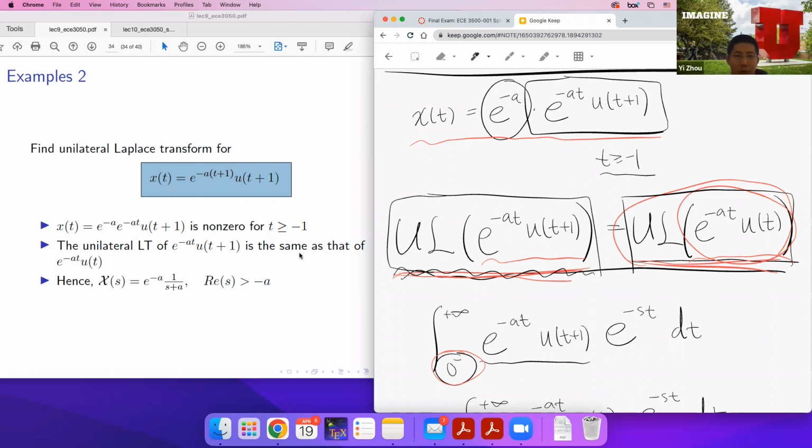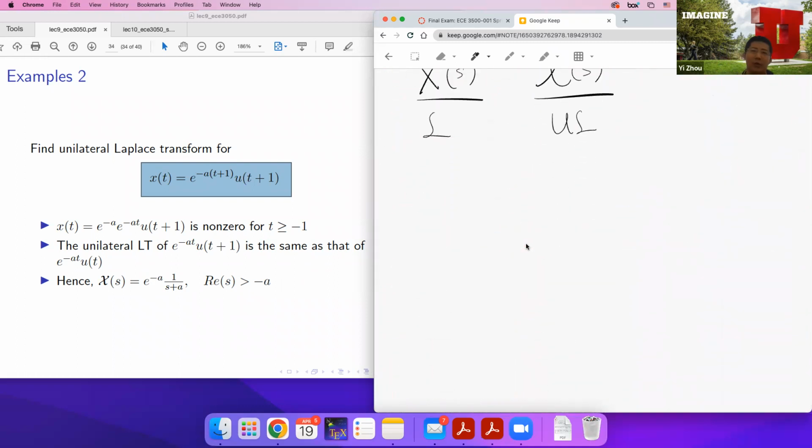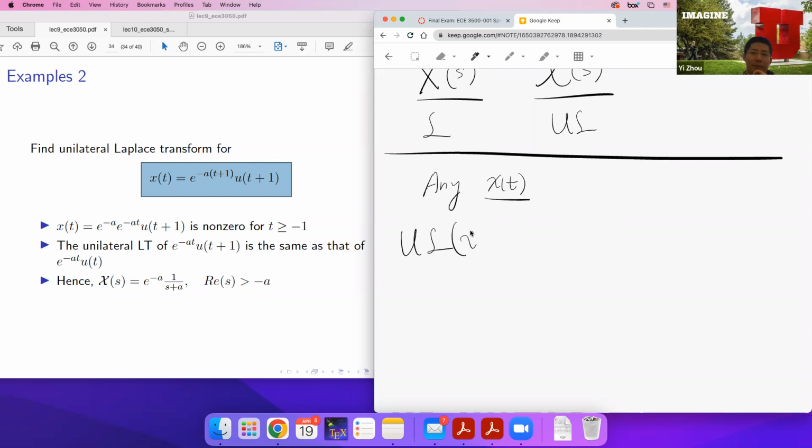Yes, you can do this. You can do this without any risk. So basically, what you can do is this. For any signal, it can be causal, non-causal, whatever, any signal, the unilateral transform equals the unilateral transform of x(t)u(t).